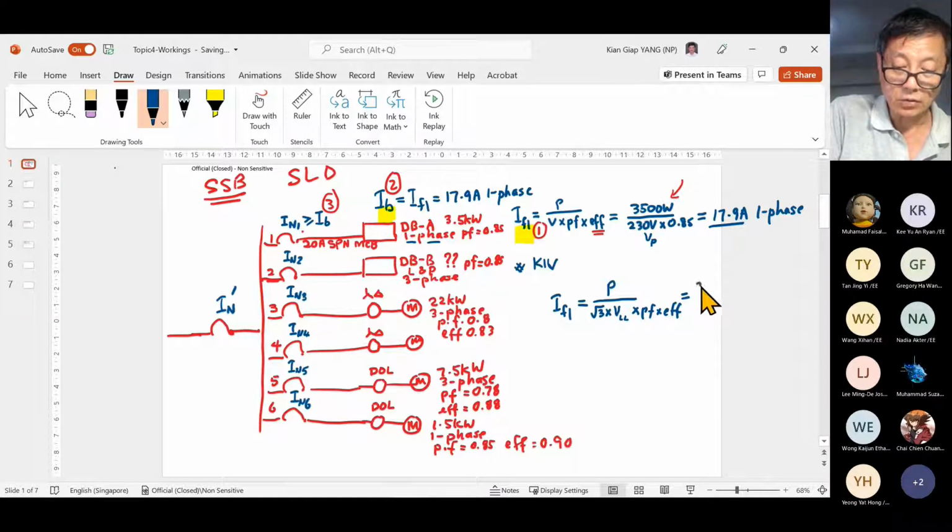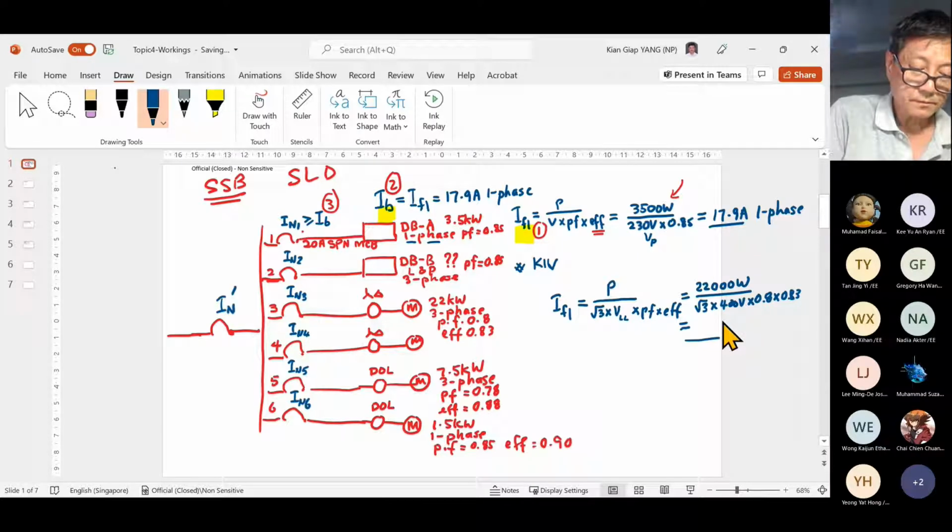So I have 22,000 watt divided by root 3 times 400 volt, because it's 3 phase, times 0.8 times 0.83. So give me your answer. These two are the same, this I full load and this I full load, because they are the same circuit.